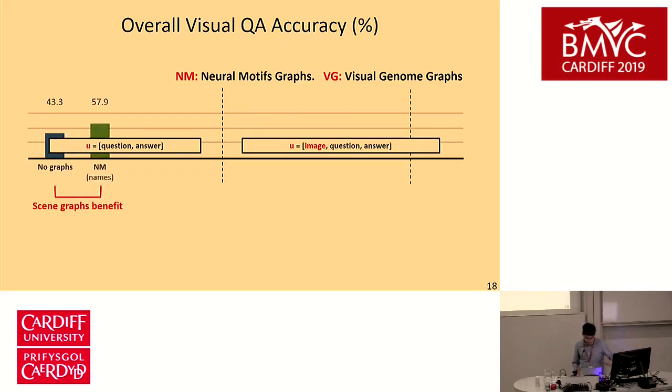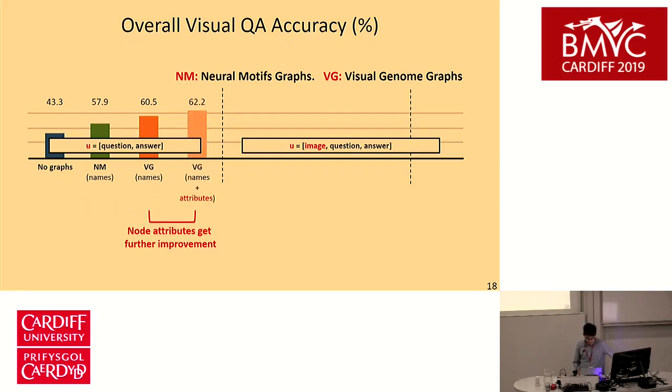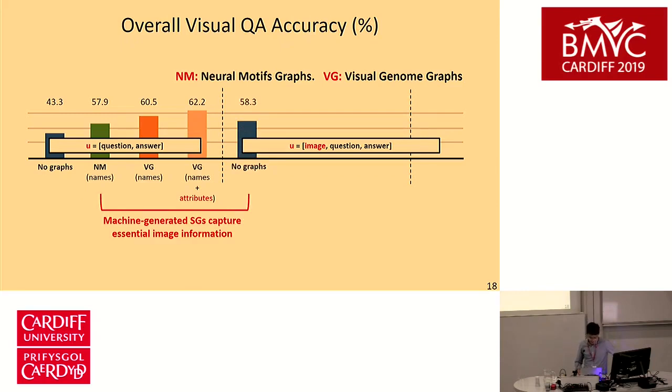So first we can see the scene graph can help significantly, even better with the human-annotated scene graph from Visual Genome, and also with attributes. Next, we can see that even just given the scene graph, the green one, it can be comparable to having the image but no graphs.